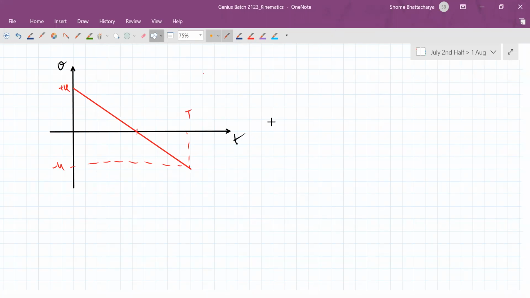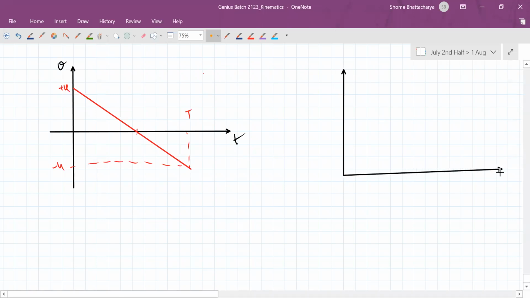If I want to convert this to a modulus function, you just apply the modulus function. So take a mirror image of the part which is below. So this is my speed. The speed versus time graph will look like a V shape. So the speed increases back to u.